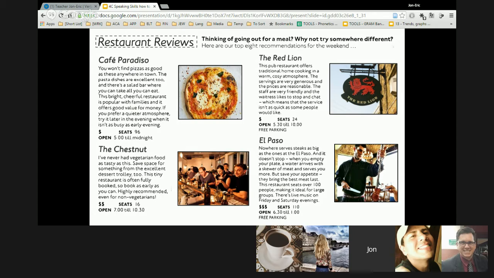Yes, the Chestnut is a tiny vegetarian restaurant. Most of the time it is fully booked, and is highly recommended, especially for the dessert trolley, and of course the vegetarian food. Okay, it's highly recommended, especially for the what? Especially for the excellent dessert trolley. Okay.